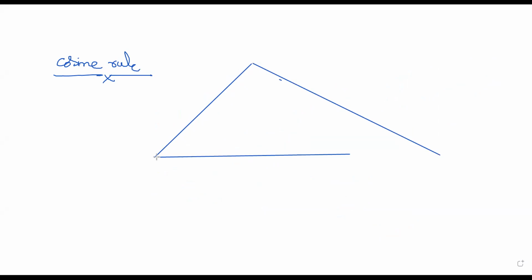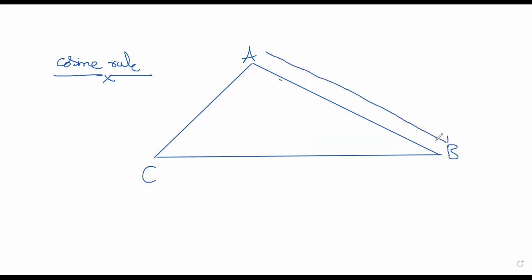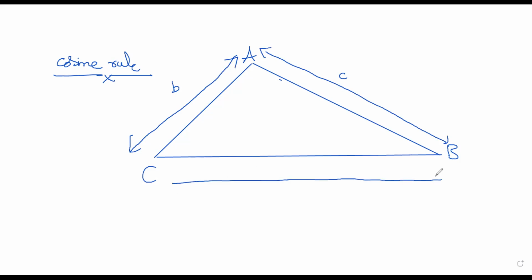Let us say the vertices of the triangle are A, B, C. The side AB is c, the side AC is b, and the side BC is a.